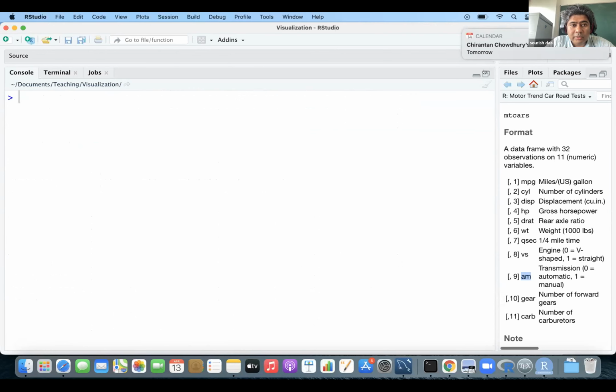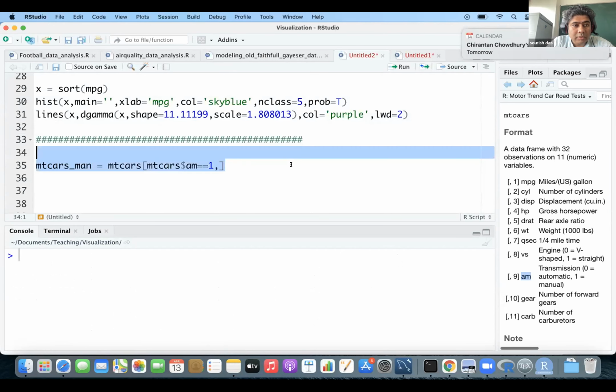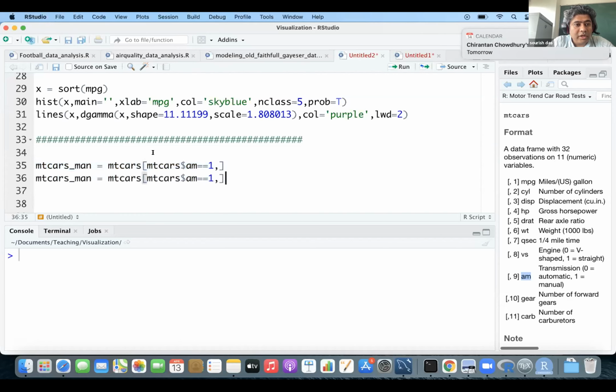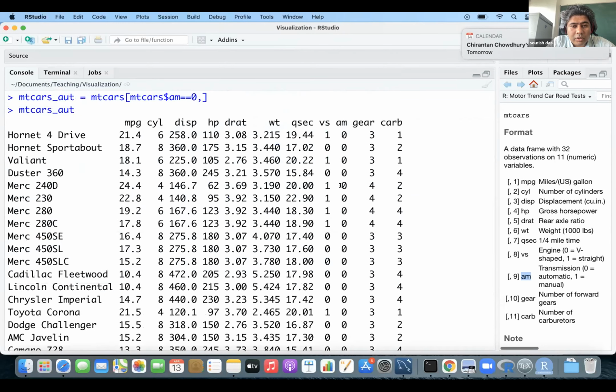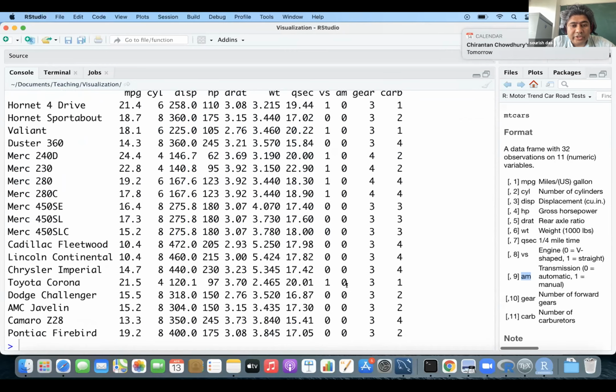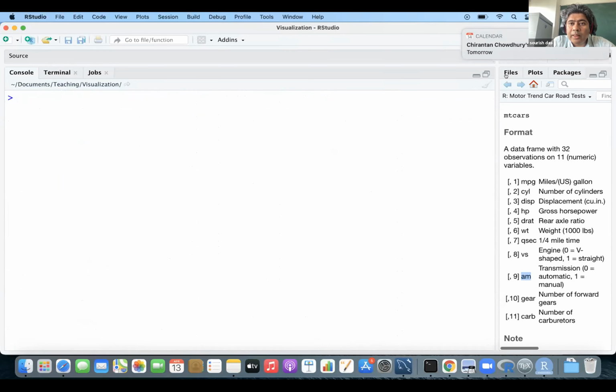And similarly, we can create automatic. So these are the cars which all have automatic transmission. Okay.